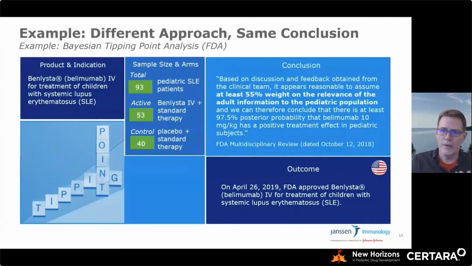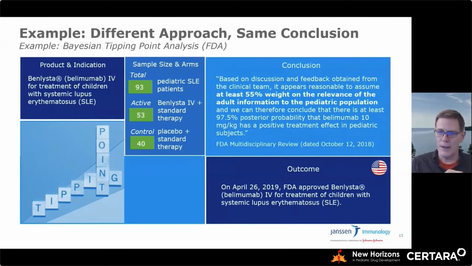Here's an example of a Bayesian tipping point analysis. On April 26, 2019, FDA approved belimumab for the treatment of children with systemic lupus erythematosus. The study was done in 93 pediatric SLE patients, randomizing patients either to Benlysta plus standard therapy or placebo plus standard therapy.